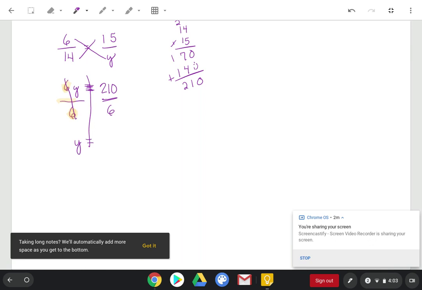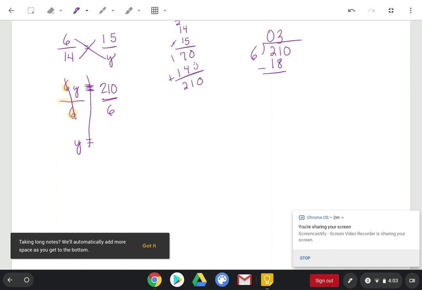The 1 is understood. We have to figure out what is 210 divided by 6. The 210 goes on the inside of the box because it is the numerator. The 6 goes on the outside because it is the denominator. 6 cannot go into 2, so I'm going to put a 0. But 6 can go into 21 3 times. 3 times 6 is 18.